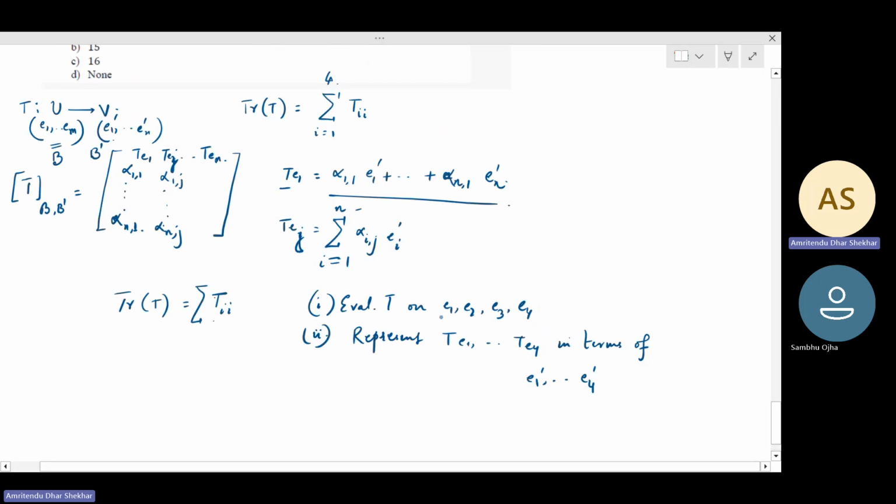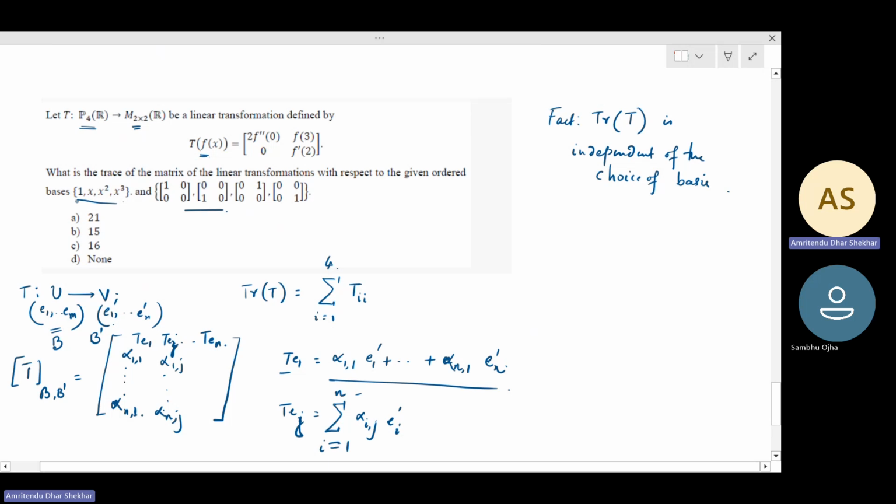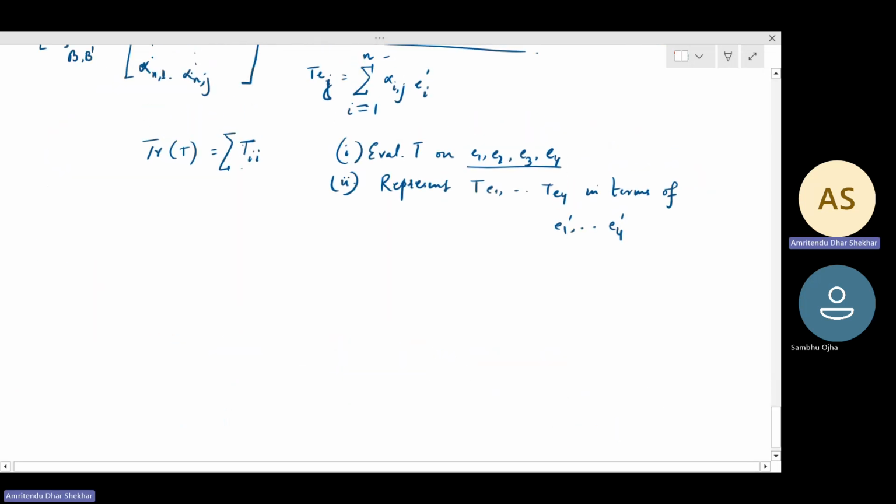So here I'm calling E1, E2, E3, E4 as these vectors, and these vectors I'm calling E1 prime up to E4 prime. So you represent these in terms of these vectors, and whatever the coordinate is, let me just write it down.